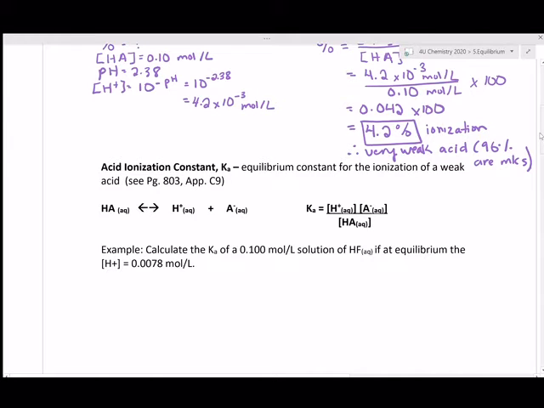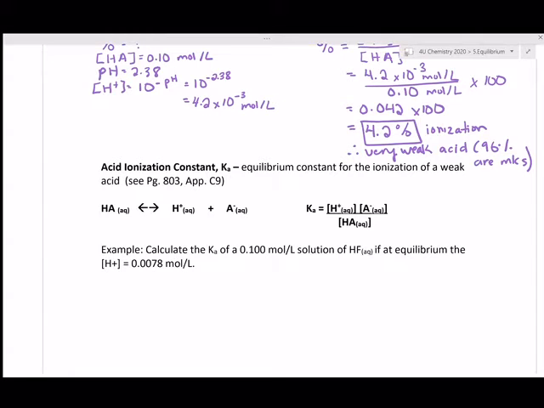So we have an equilibrium constant that is used to describe how much different acids ionize. Of course it's K, and we put Ka for acid. If you check your textbook, page 803 has a great big chart full of various acid ionization constants that you can look up when you're doing problems.